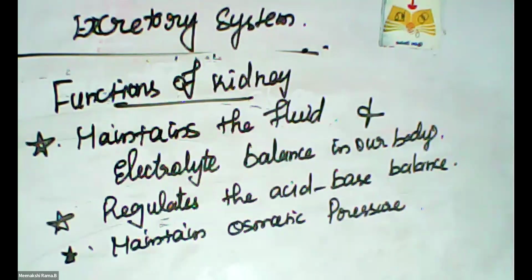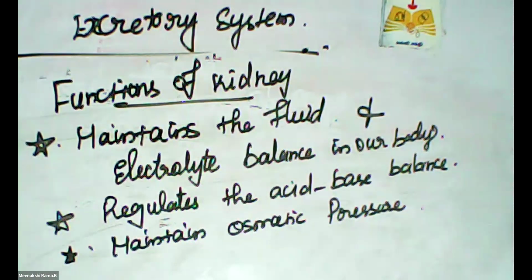Osmotic pressure in the blood and tissues also, and it helps to retain important plasma constituents, like glucose and amino acids. So these are the main functions of the kidney.